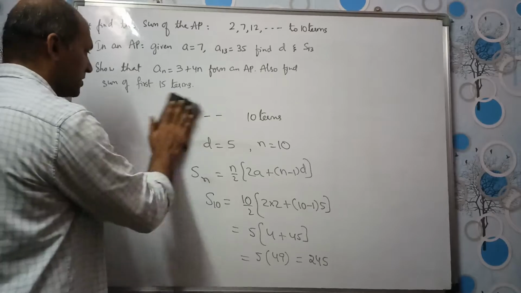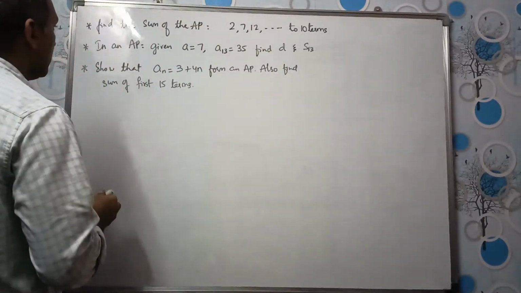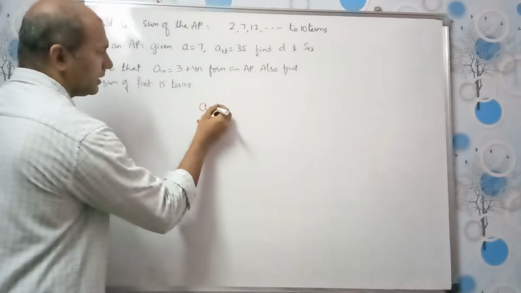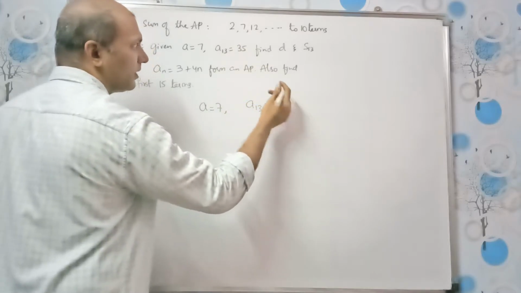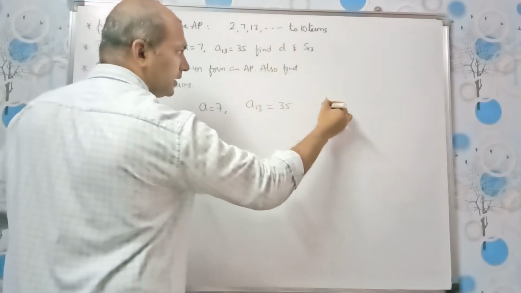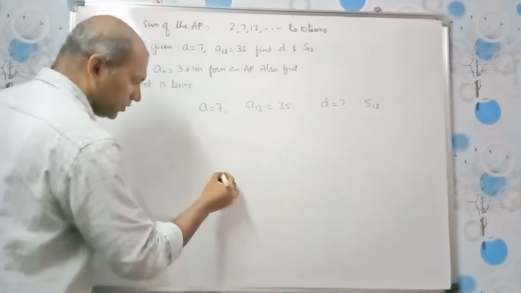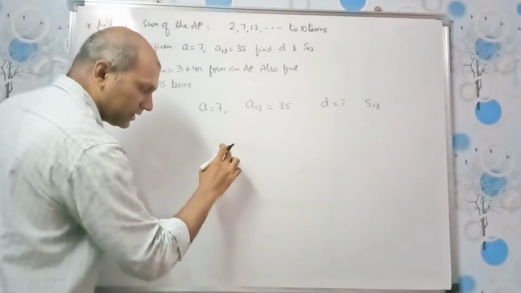Now let us solve the second problem. In an AP, A is equal to 7 given, and A13 is 35 given. Find D, and S13. To find S13, what is the formula?